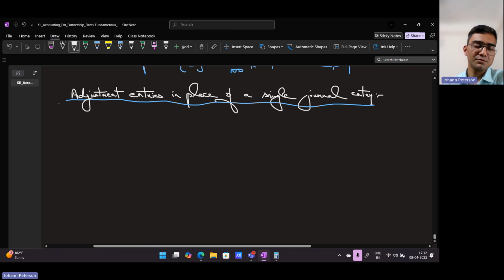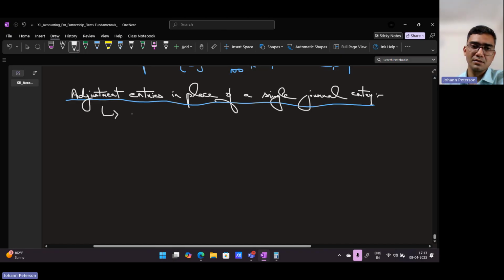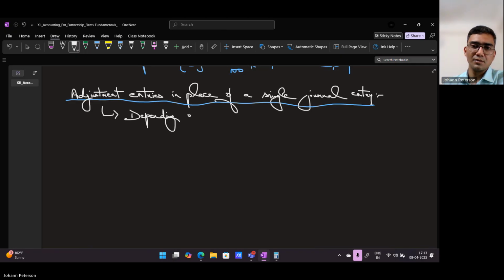The second way in which we solve this type of an error or an omission is by making adjustment entries. Now, these adjustment entries are many. That means it depends on the number of errors.